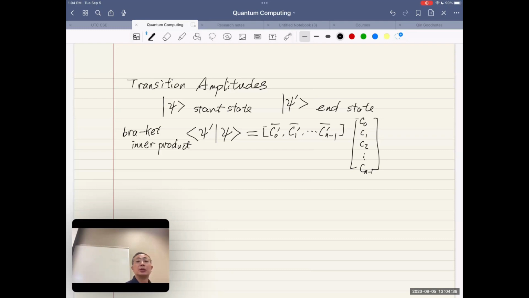So this apparently describes, from the starting state and ending state, how the amplitude goes from the first one to the second one. And the book then shows that the starting state amplitude modulus squared is basically the probability.